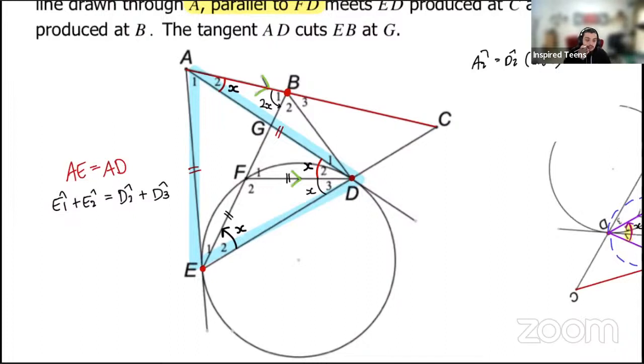Because that would be angles opposite equal sides. I'm talking about this angle and this angle here. They're equal to each other, angles opposite equal sides, right? And therefore E1 plus x is equal to x plus x. So it turns out that E1 is also x. That makes sense. So E1 is x.